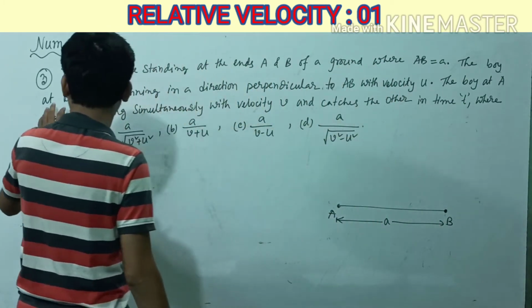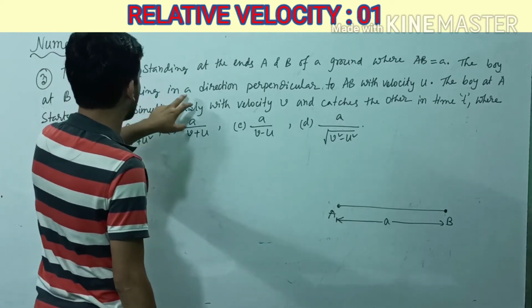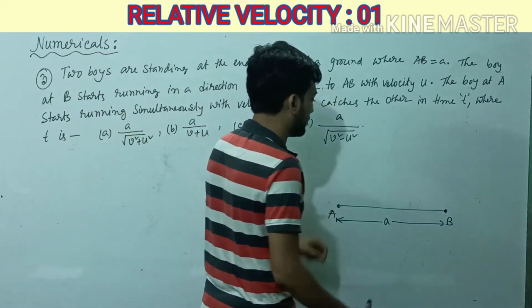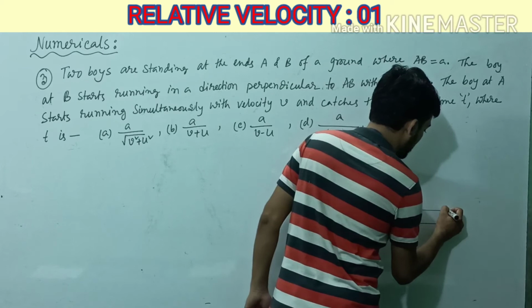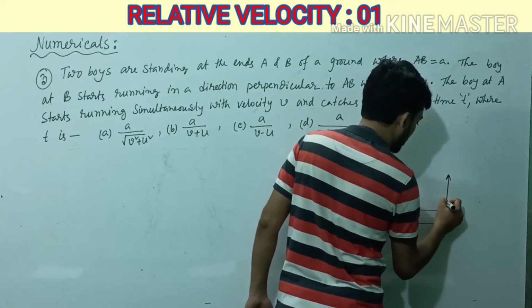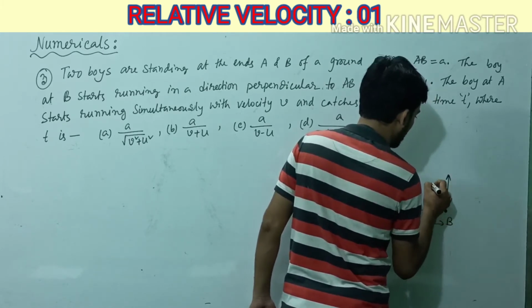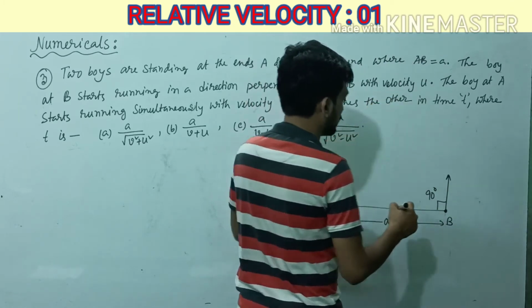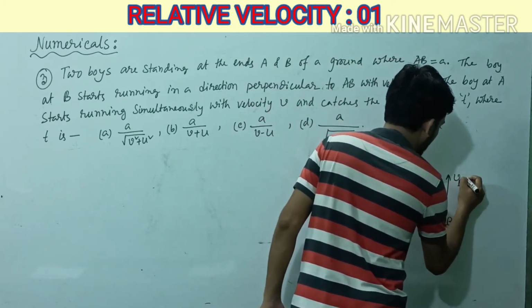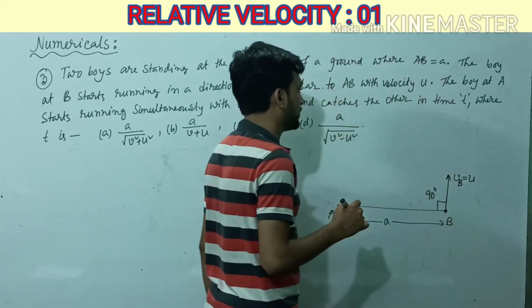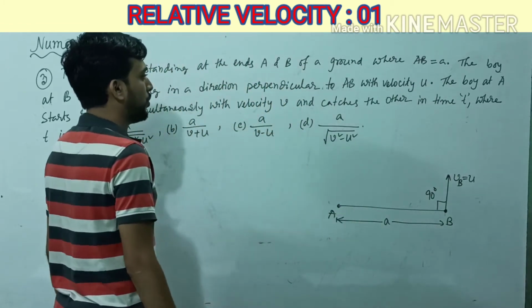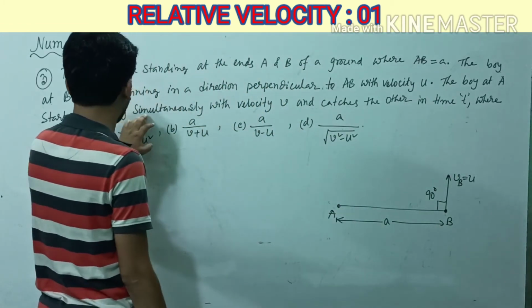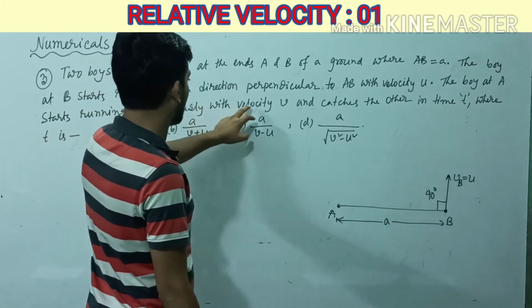The boy at B starts running in a direction perpendicular to AB with velocity u. So the velocity of boy B is u. It is given in the question. The boy at A starts running simultaneously with velocity v.